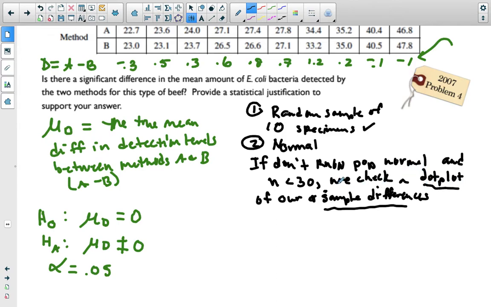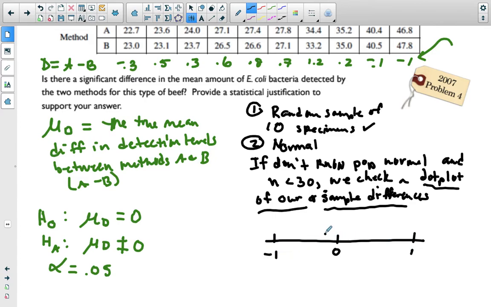So we have this dot plot of sample differences that we're going to draw right down here. And we need to check these for skewness. So let's draw this quick little dot plot. It has a title right here. It says this is what we're doing: dot plot of our sample differences. Here's 0. Our biggest difference in absolute value is 1.2. So we should be somewhere right about 1 and -1.